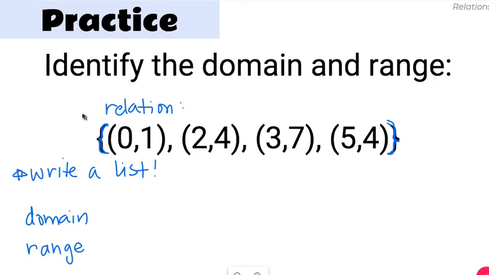For domain and range, you want to write the list using the little bracket or brace symbol. Do your best. If you have to draw a squiggly line, draw a squiggly line. But what you'll do is you'll go through and look at all of the first numbers. I have a 0, a 2, a 3, and 5. And I'm just going to list the numbers. You want to list them in numerical order.